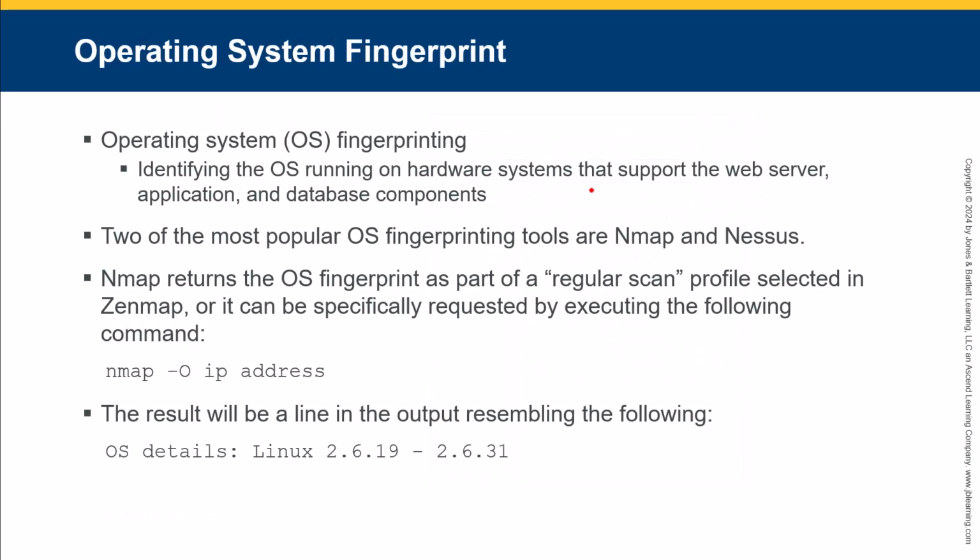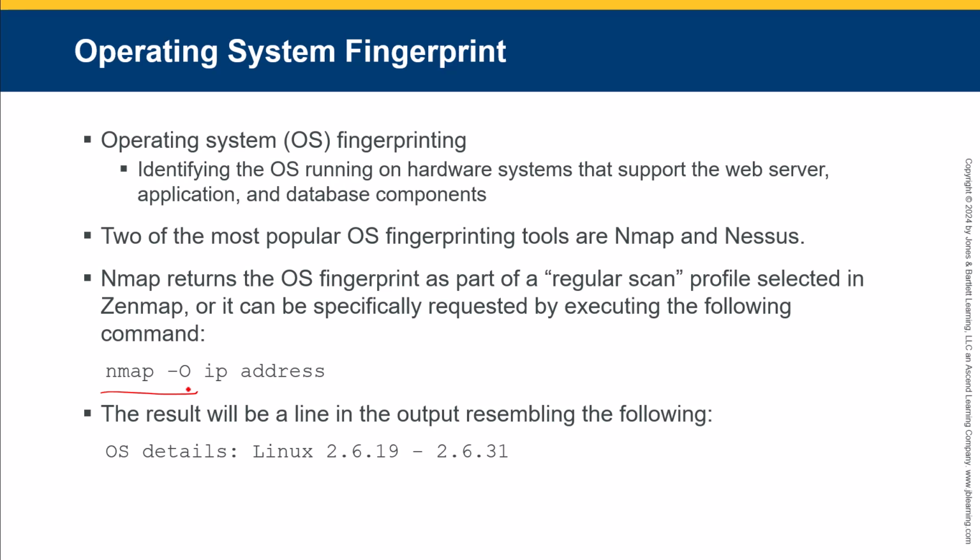So we talked about fingerprinting earlier, and about being able to scan with tools. Nmap does have a -O option, and that's to identify the operating system. If you know the operating system is Ubuntu or Windows Server, then you can tailor your information gathering for that specific operating system.